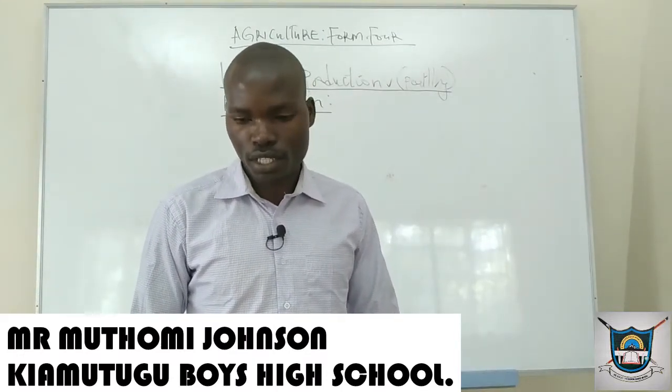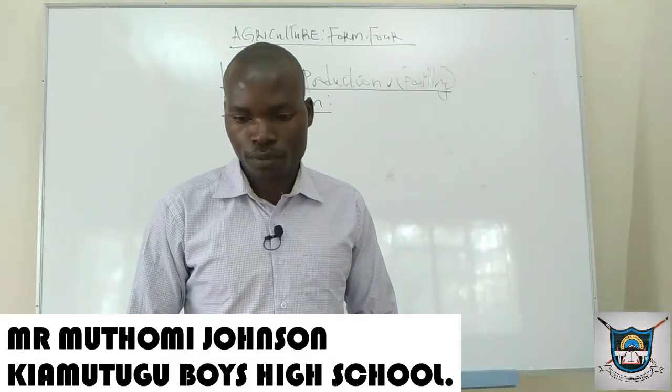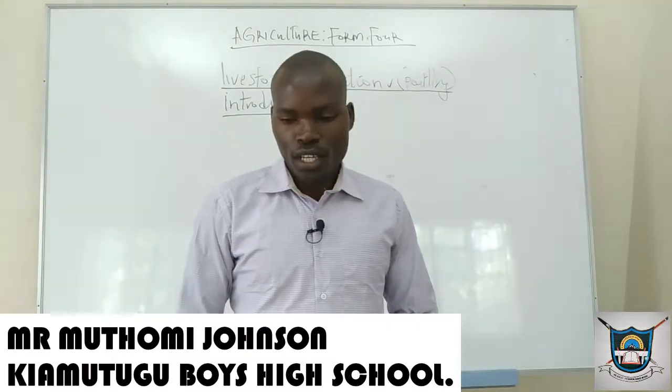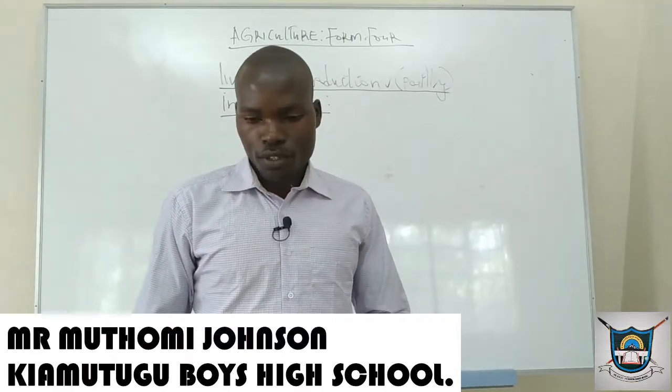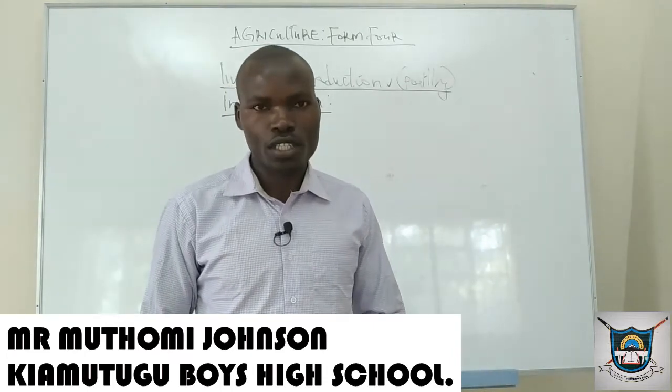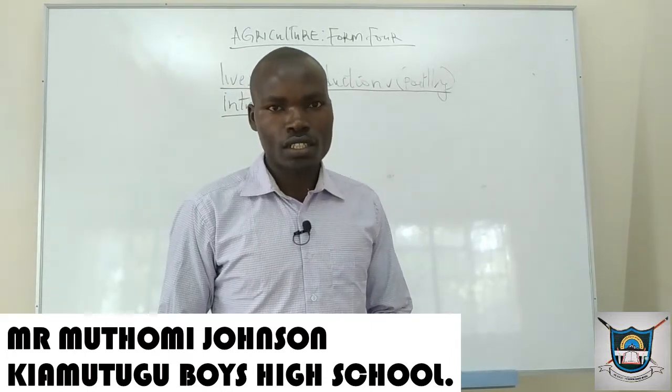Today we shall be dealing with livestock production 5, that is poultry. Just a brief introduction before we go directly to our topic today. I'd like us to review what is poultry as we stood in Form 1.